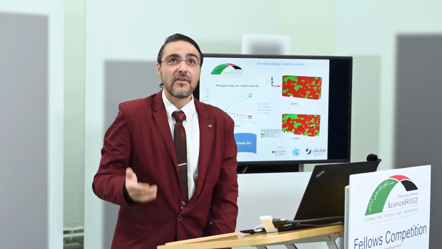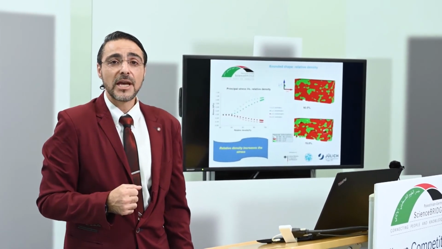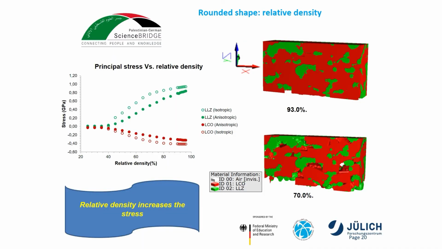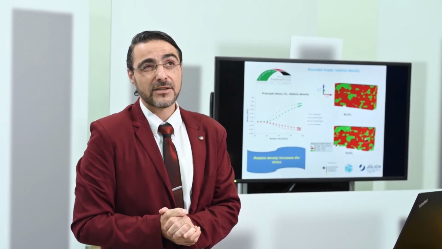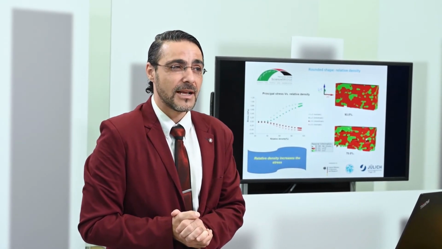And finally, when we talk about the rounded shape microstructure, what we know so far is that when we increase the relative density, we also increase the stress. It's similar to the fiber LLZ too.